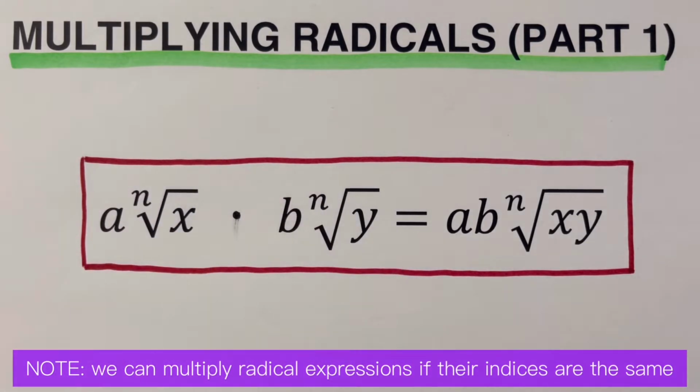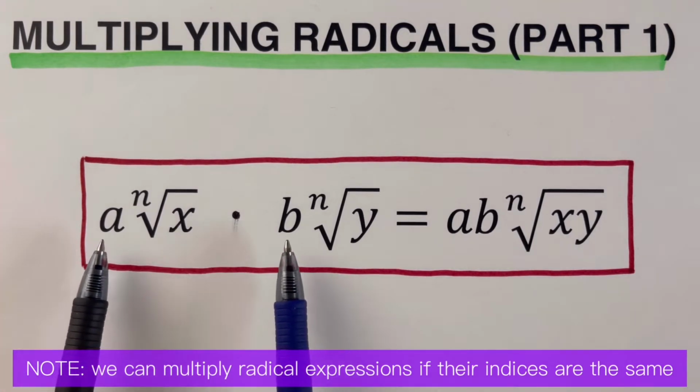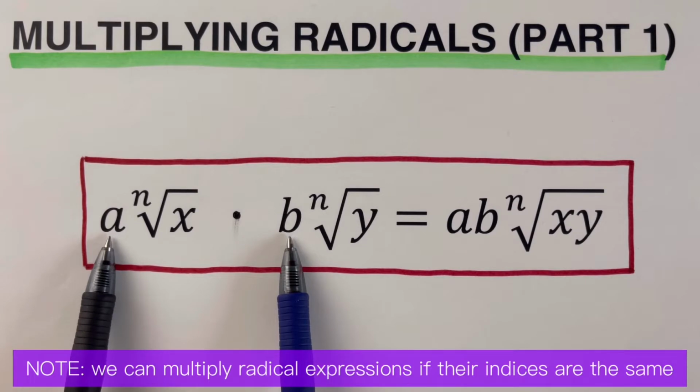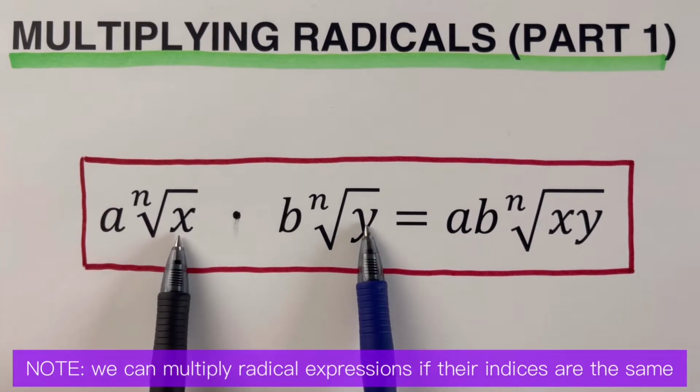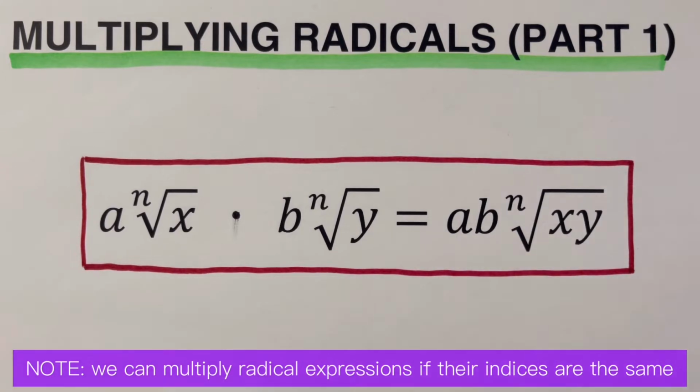What we do when we multiply radical expressions with the same indices is we multiply their coefficients, that's how we got ab, and we multiply their radicands, that's how we got xy. Now let's look at some specific illustrations to see how this general rule in multiplying radicals works.